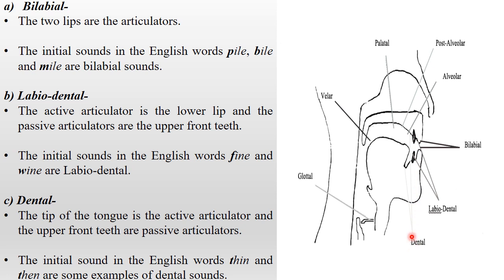In case of dental, it is the tip of the tongue and the upper front teeth. So the sounds like th, the, in words like thin, then, the initial sounds are dental. Here the tip of the tongue touches the upper front teeth and then the air escapes. That sound is known as dental sound.